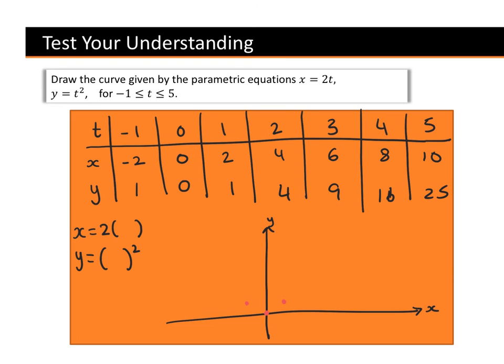That is 2, 1, isn't it? Right, 4, 4. 6, 9. 8, 16, 10, 25. Okay, so remember this is going to be a curve of some sort. There we go. This is how it's going to look.